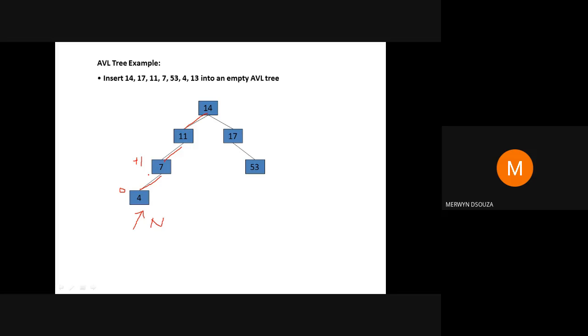As long as they are proper, you go and check the next node on that path. When you reach here, you find that the balance factor is not proper. So now you need to correct this portion of the tree before you check the remaining nodes. One node that is left is 14. So before you check 14, you will correct the balancing here.